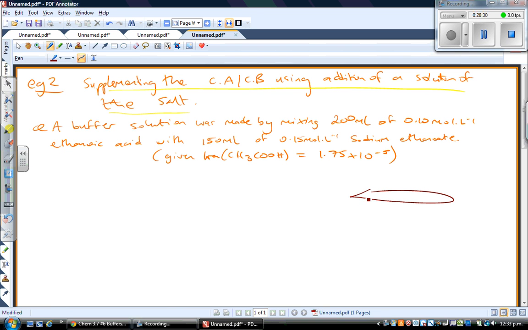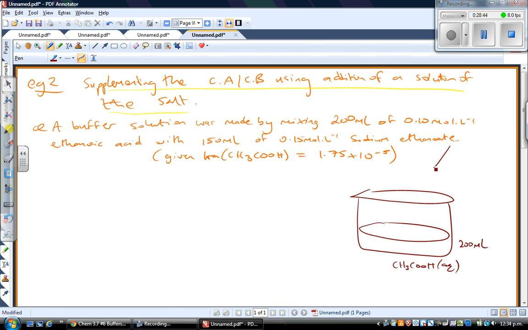So you have your ethanoic acid already in here, 200 mLs of that, CH3COOH aqueous. And to that you're adding from a little container the solution for its salt, which is sodium ethanoate, CH3COONa, and this is also aqueous.